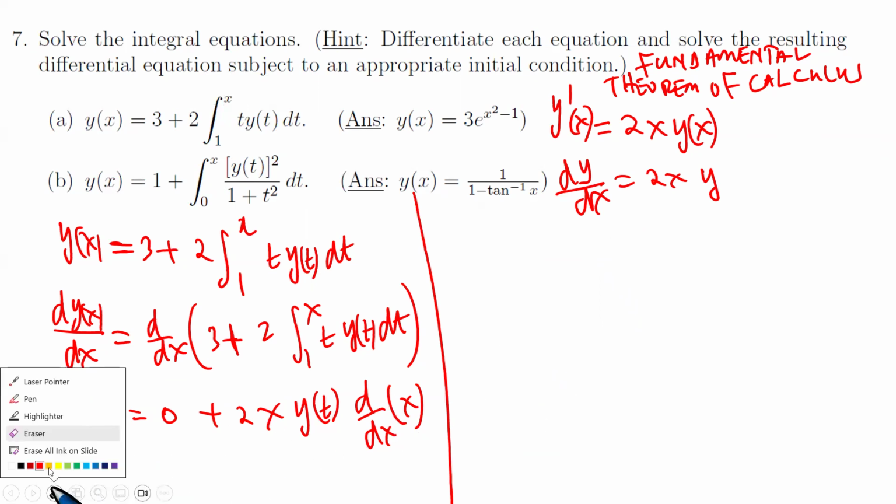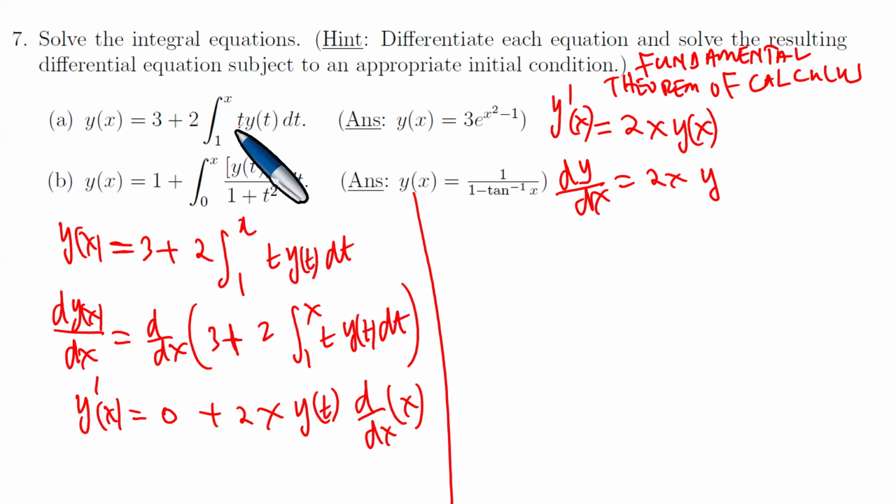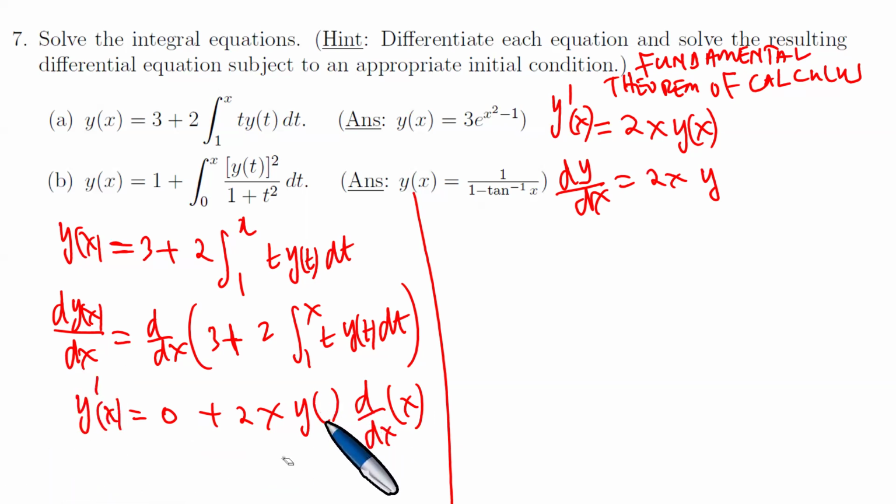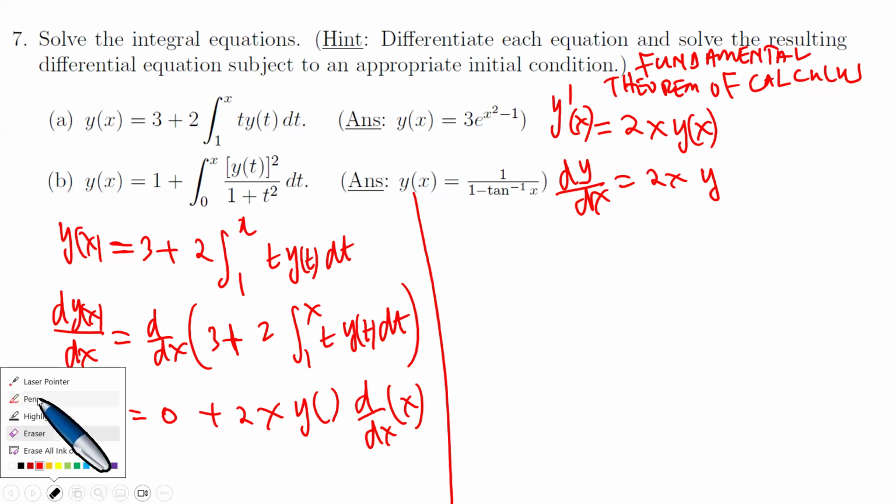It allows us to say that when you differentiate this kind of integral with a variable limit, you substitute the variable into the place of t. Wherever there is t in t y of t, you put x, and y of t becomes y of x.